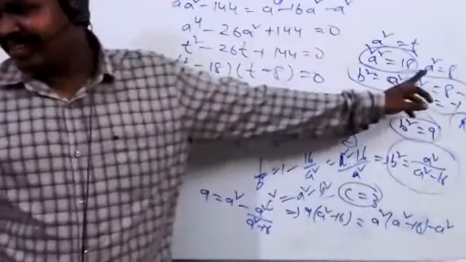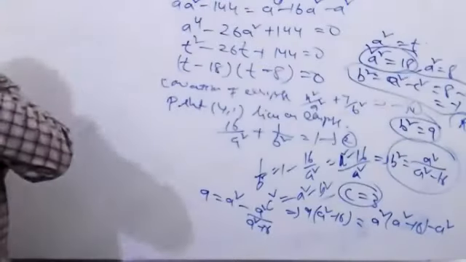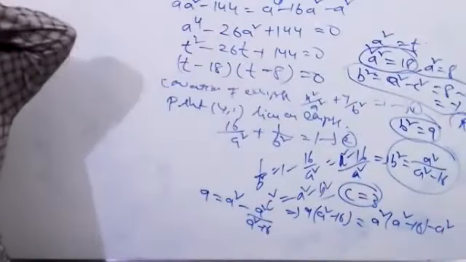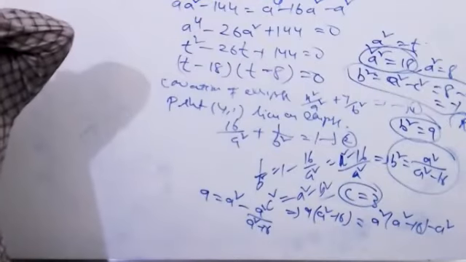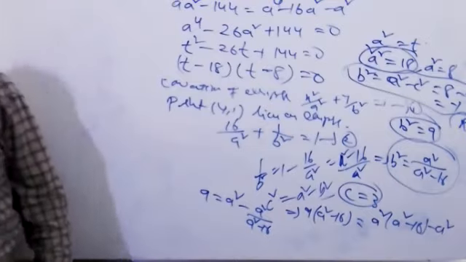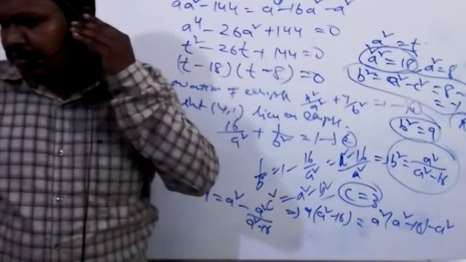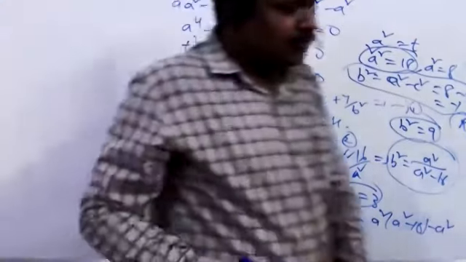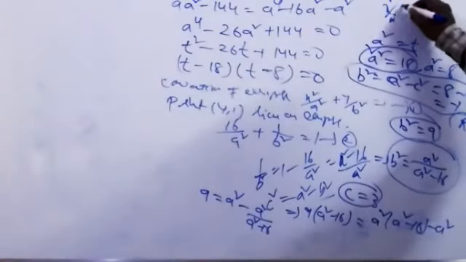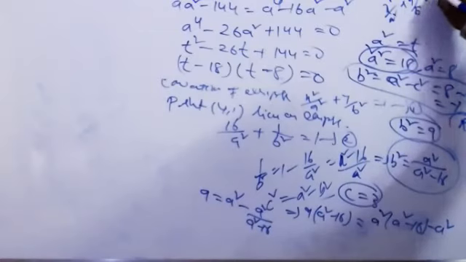A square is equal to 18 is the right one. So then why did you take 8 over there? But the condition is given: x square by a square plus y square by b square is equal to 1.